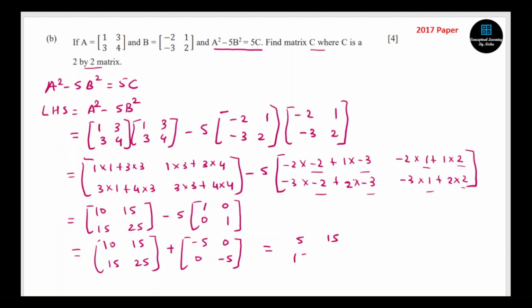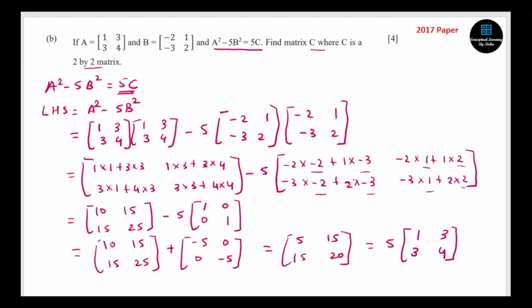Here it is 15 and 20. Correct. Now see, the thing is, here they have given it is 5c. So what I'll do, I'll just take 5 common. So I have to divide each of them by 5. Remember, multiplying the real number, so here dividing by real number. So 1, 3 and 3, 4 I'll get.